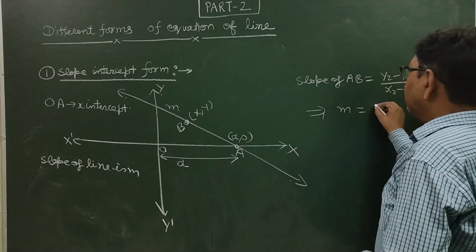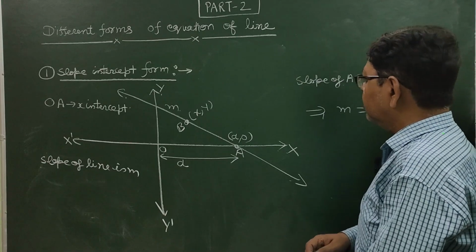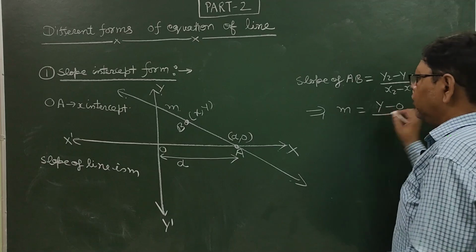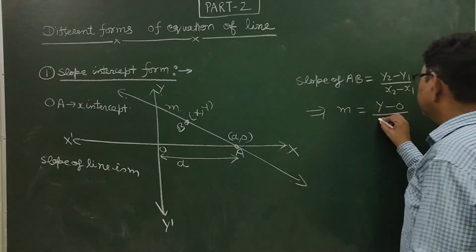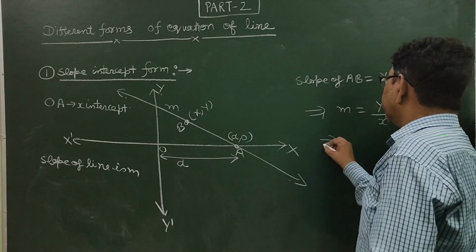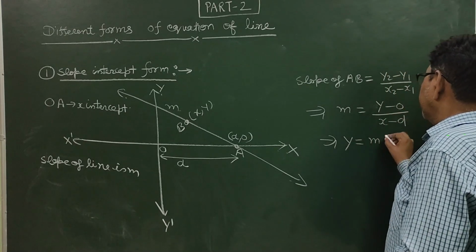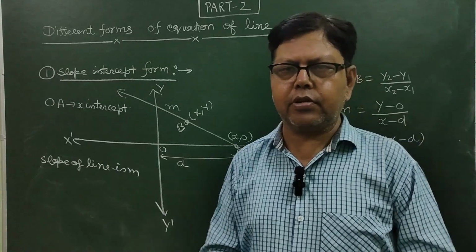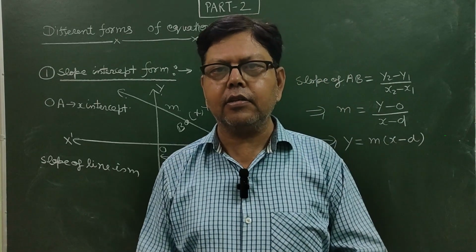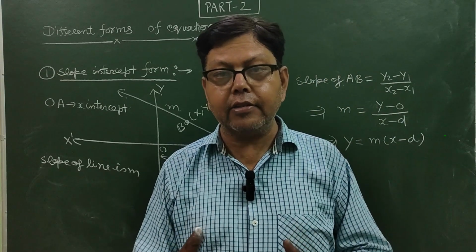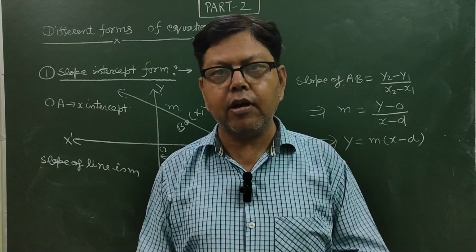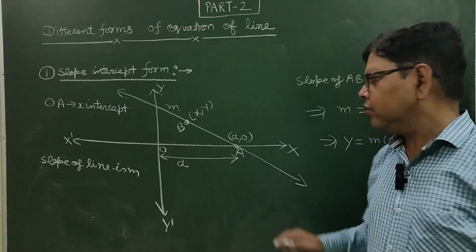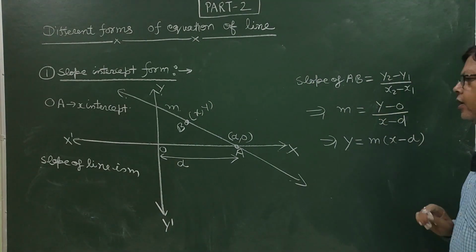So m is equal to y2 minus y1, that is y minus 0, upon x minus d. So we get y is equal to m into x minus d. So if a line makes an intercept d on the x-axis and has the slope m, then its equation takes the form y is equal to m into x minus d.